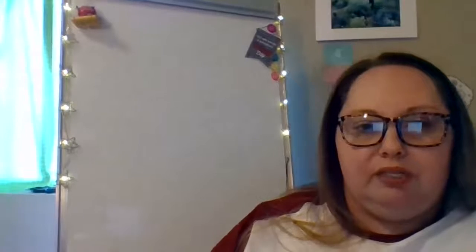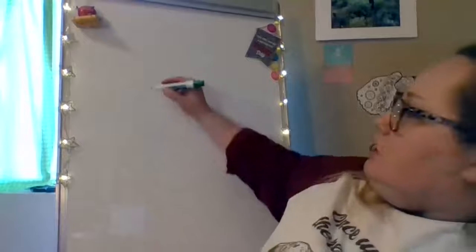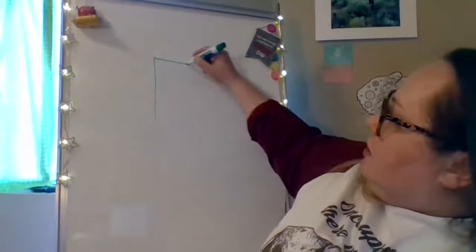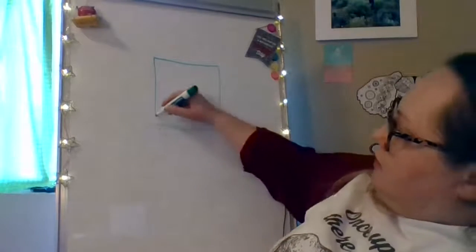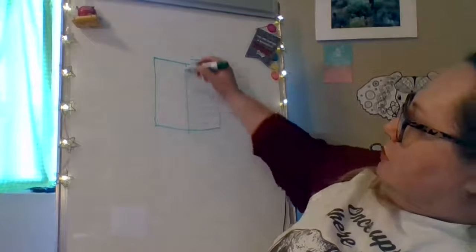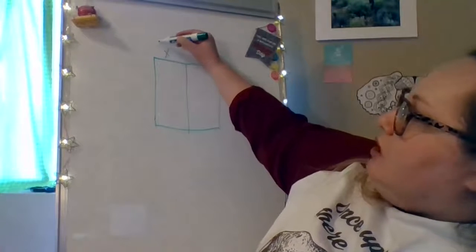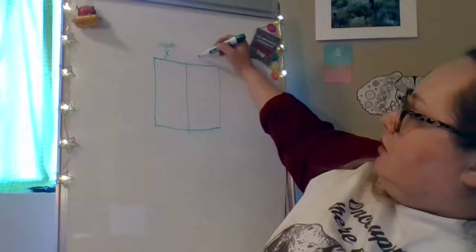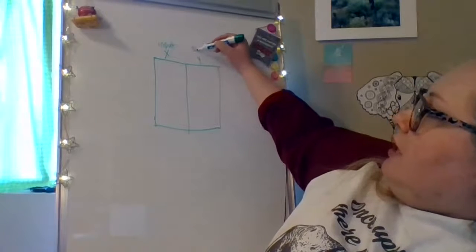Okay, so the input-output tables. It says the input-output table shows how much Ray pays for toys. Use the input-output table for questions 1 through 4. So we're going to use the table that they give us where it has the input, or x, and then y is our output.